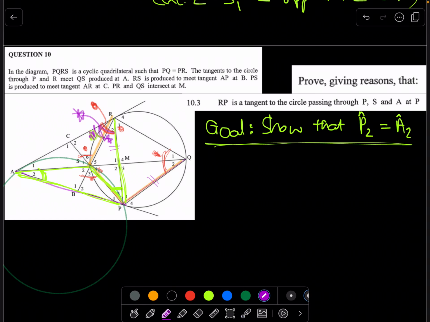So we know that, so this is x, this is also equal to x because angles in the same segment. And then, how did it come back to this one, man? Yeah, this is so frustrating.